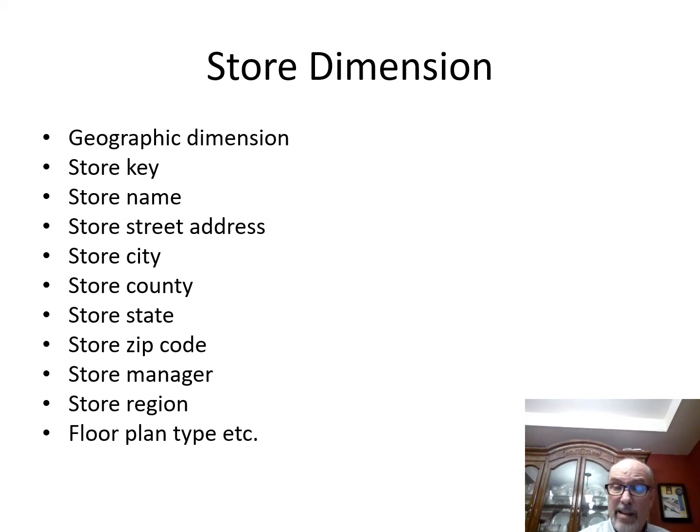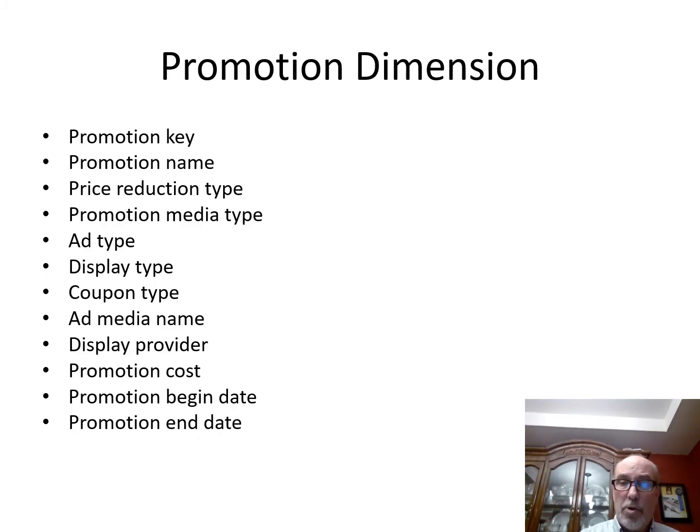But you're also going to see things like store manager, the region, what's the floor type? Is it a small scale store? Is it a large scale? Is it a marketplace? Whatever your key elements of your store are, it could potentially also have things about how much parking, how much access is there. These are all things that you might care about in the dimensions about your store.